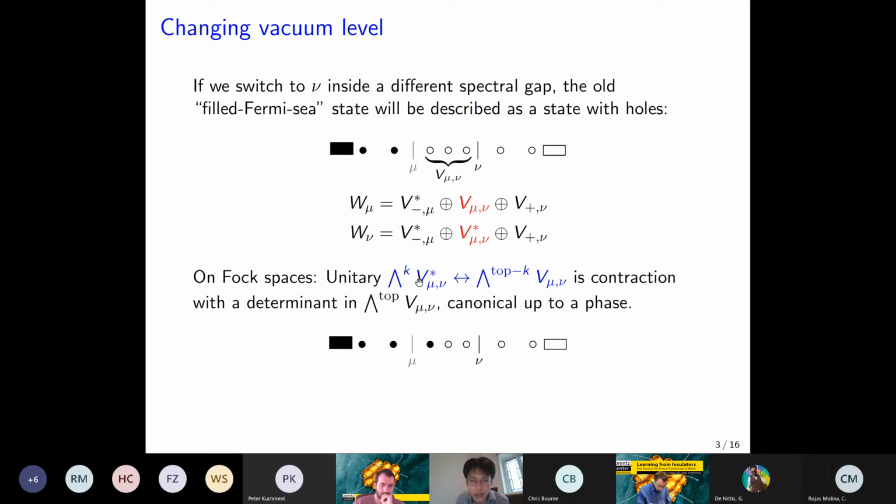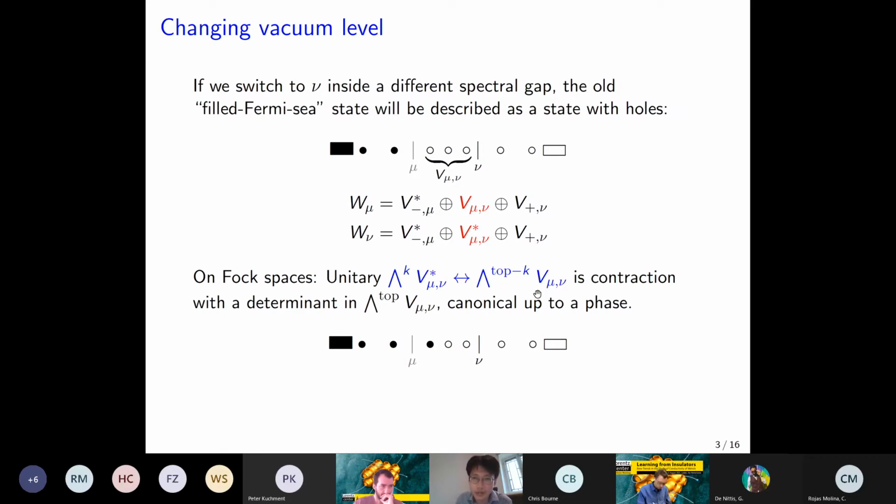So the k-th exterior power of the dual is canonically isomorphic to the exterior power of the top dimension minus k of the original finite dimensional subspace v sub mu nu.